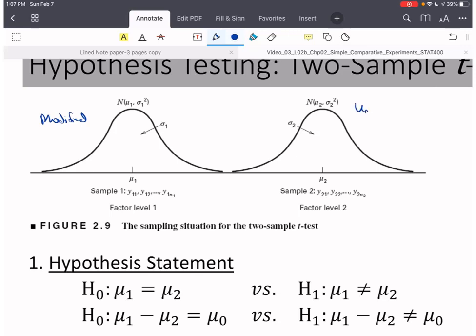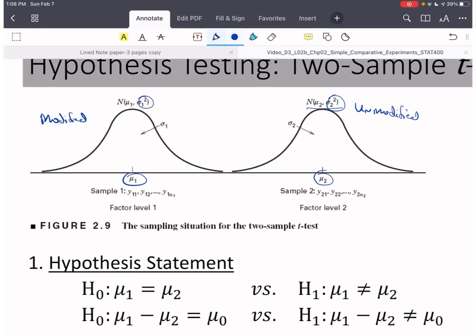And this was the original or unmodified formulation of the mortar. We're assuming that they're both normally distributed, and that the mean of the unmodified is mu2 with variance sigma 2 squared. Similarly, for the modified, mu1 is the mean of the tension bond strength, and we also have variance sigma 1 squared.